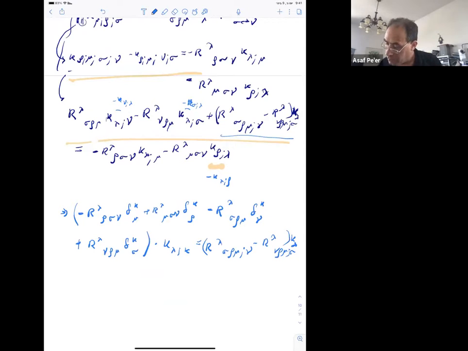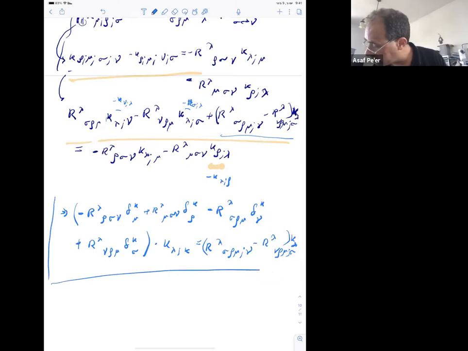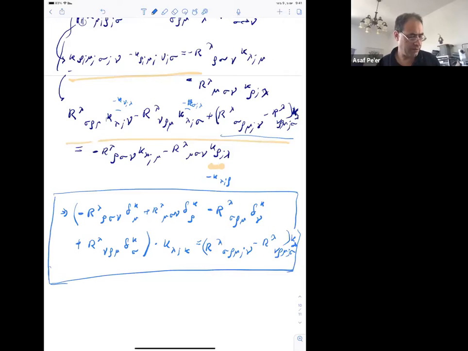Okay. Now, we're already over time. Okay, so this is the equation which we derived. It's again, I told you, it's a bit annoying. I don't like all these indices, but it's straightforward. We're about halfway towards the result that we actually need. So this is the result which we will use next time.